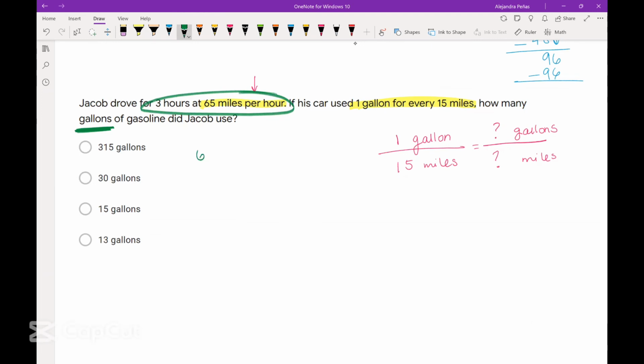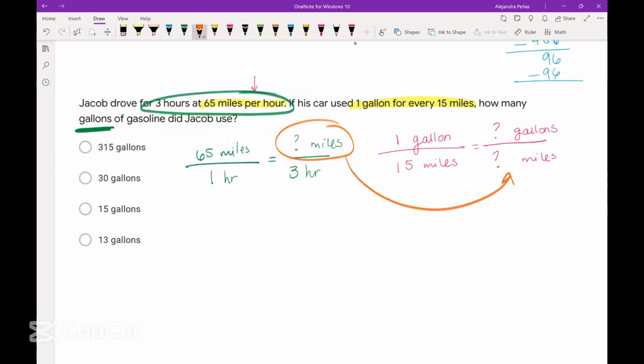Because if you get 65 miles in 1 hour and you drove for a total of 3 hours, that's going to give you the total number of miles. And once you have this, you can bring it over here. So cross, multiply, and divide. 65 times 3.